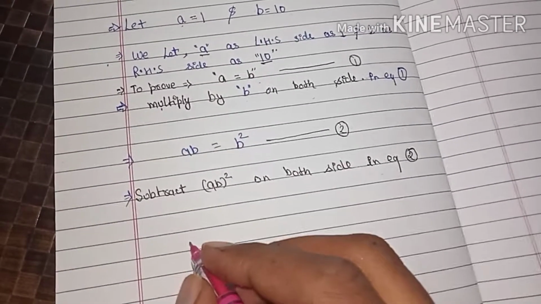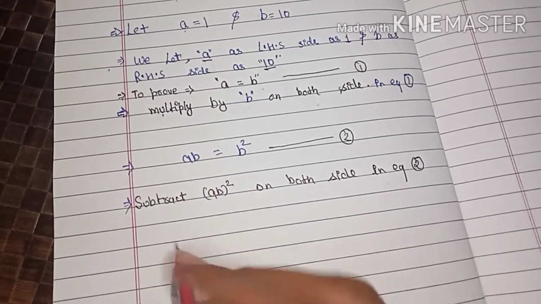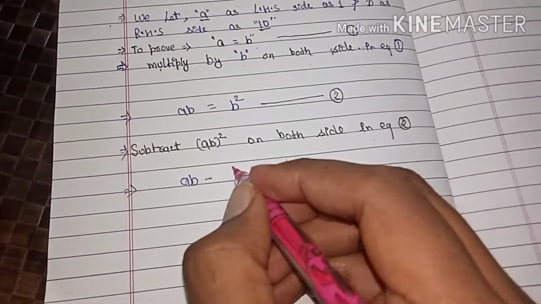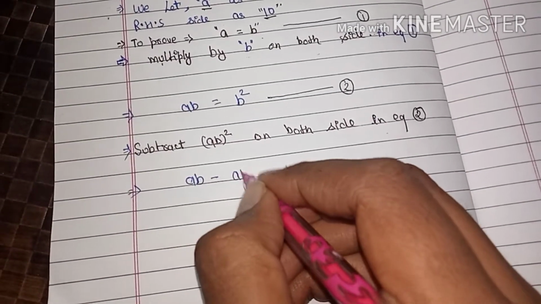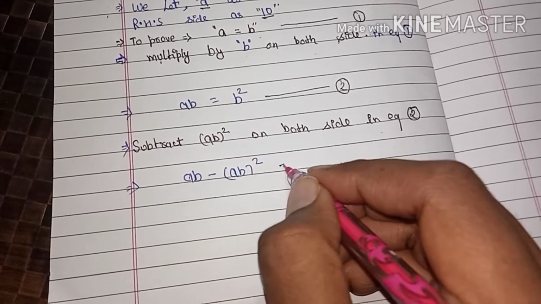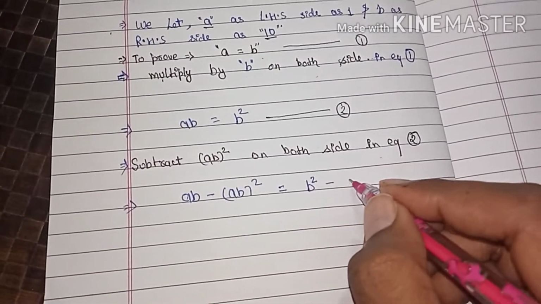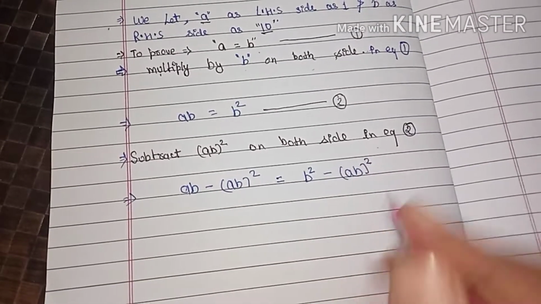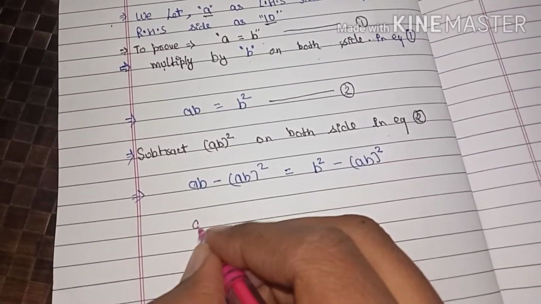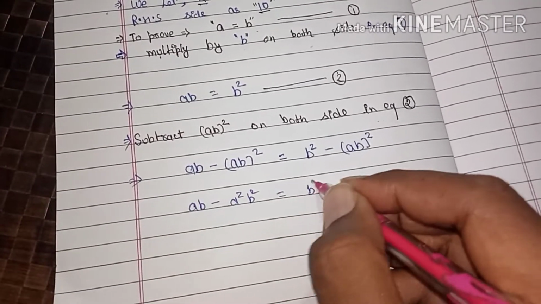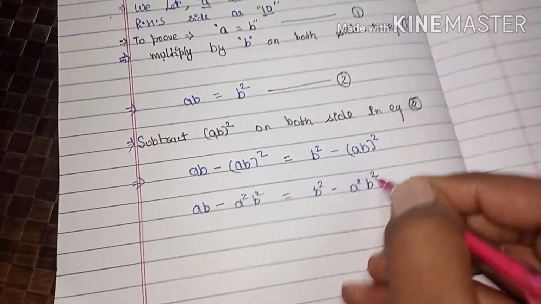Okay. So we get AB minus AB whole square is equal to B square minus AB whole square. So the next step, AB minus A square B square is equal to B square minus A square B square.